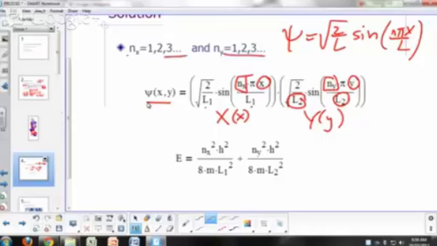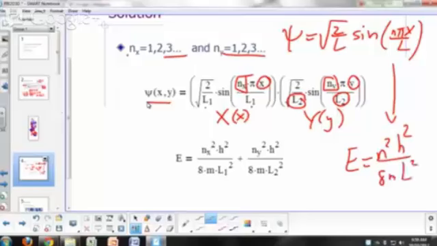And we already know the restrictions for those quantum numbers. N must be equal to 1, 2, 3, 4, and so on. So for n sub x, we're going to restrict it to 1, 2, 3, and so on. And for n sub y, we're going to restrict it to positive integers, 1, 2, 3, and so on. And we also know the energy already. What did we say the energy was for a particle in a box? One-dimensional is n squared h squared over 8m L squared, right?